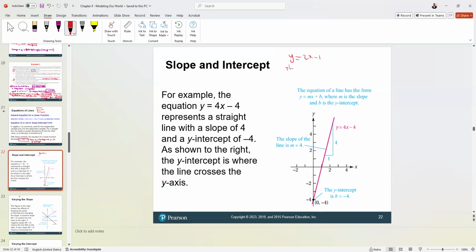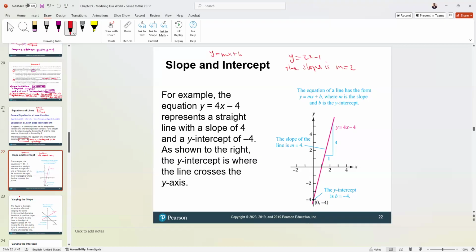The slope is what? The slope is m equals 2, because y is written in the form of mx plus b. So you can find the slope, and you don't need to convert. You don't need to find y2 over y1 or x2 over x1.